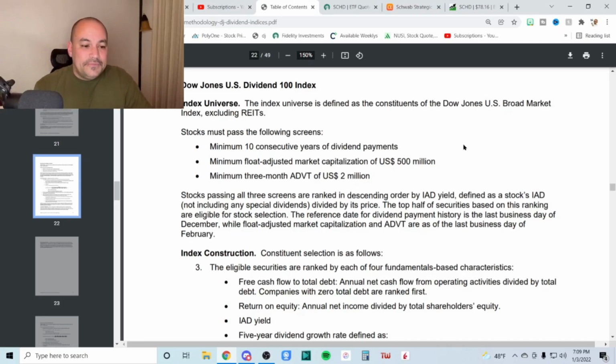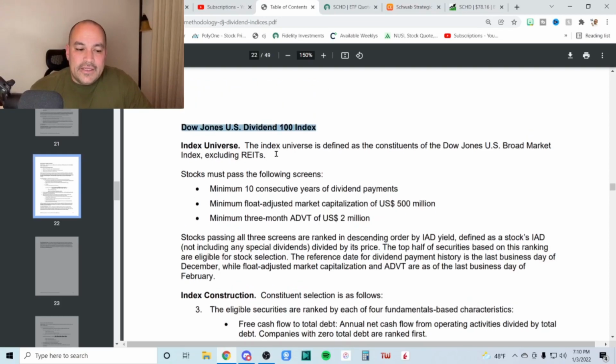So let's dig in. What SCHD does is it follows the Dow Jones US Dividend 100 Index. The index universe is defined as the constituents of the Dow Jones US Broad Market Index, which excludes REITs. So the stocks must pass the following screens. Minimum of 10 consecutive years of dividend payments, so no pauses in the dividend payments.